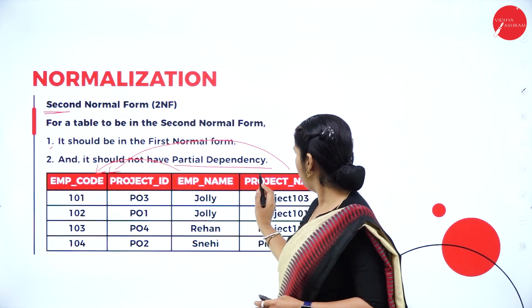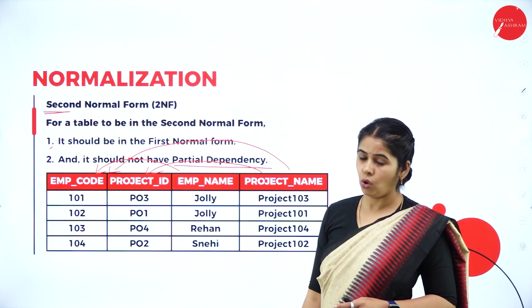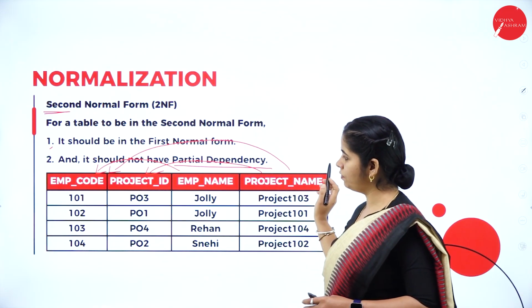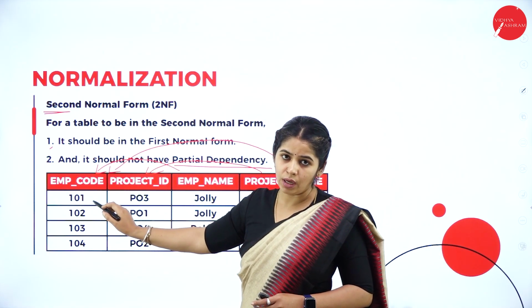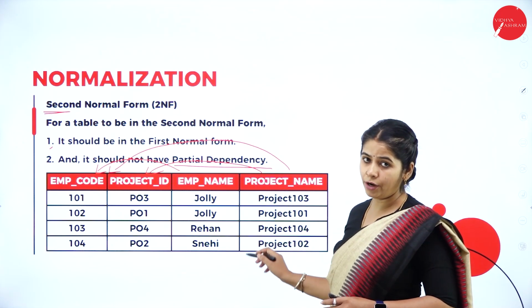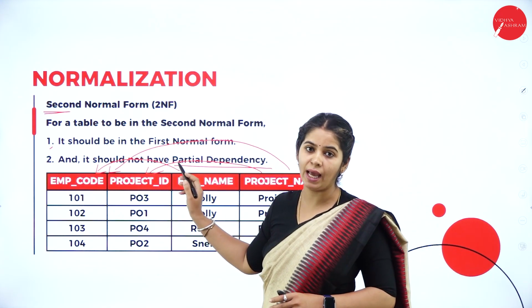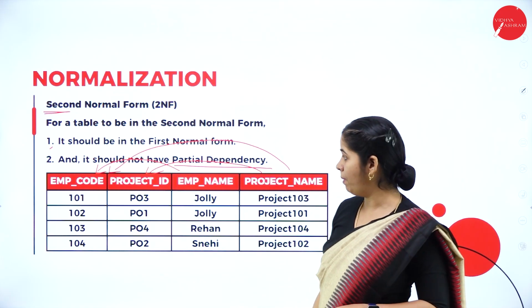Okay. Here project name depends on what? Project ID. This is a partial dependency. All the attributes of the table are not dependent on the key attribute. Some of the attributes of the table are dependent on some other candidate key attribute. That is called as partial dependency.